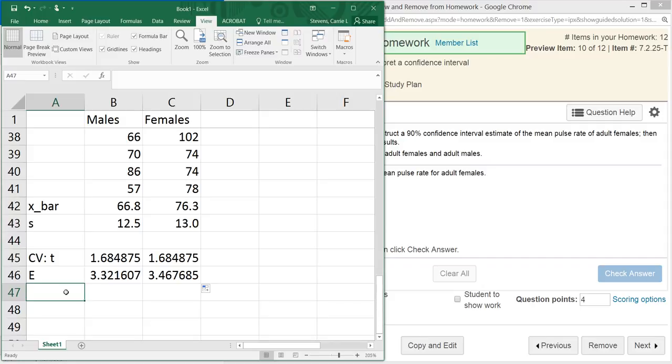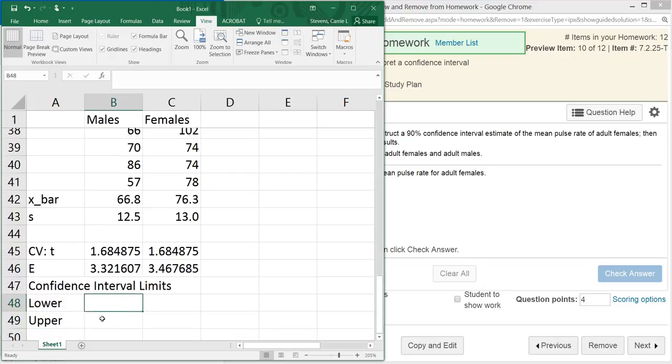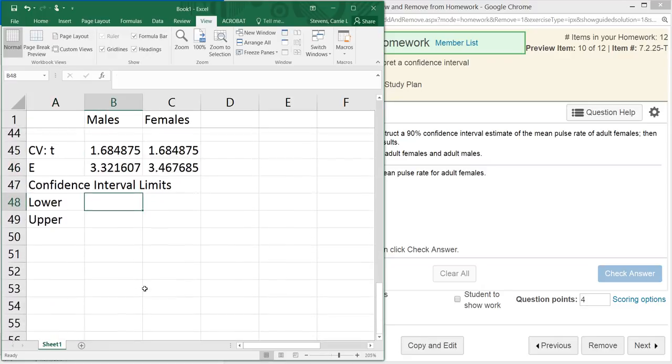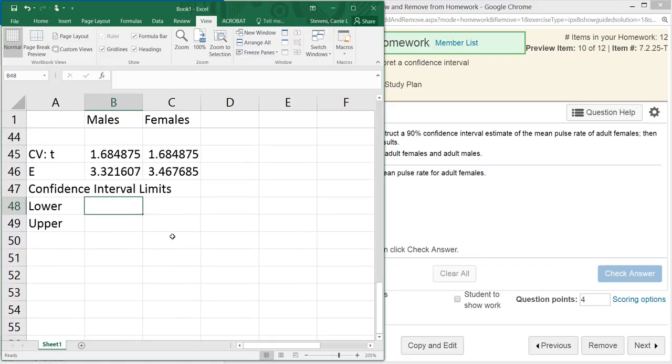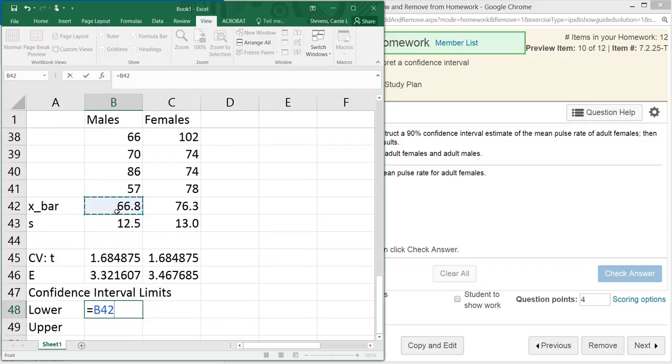And I will do it like this. I will say, here's my confidence interval limits, and I'm going to do lower and upper limits, or left and right limits. So for the males, I'm going to use my equal sign first, and I need to start with the point estimate, which is the sample mean, so that's x bar. And then I'm going to stretch the net from my point estimate.